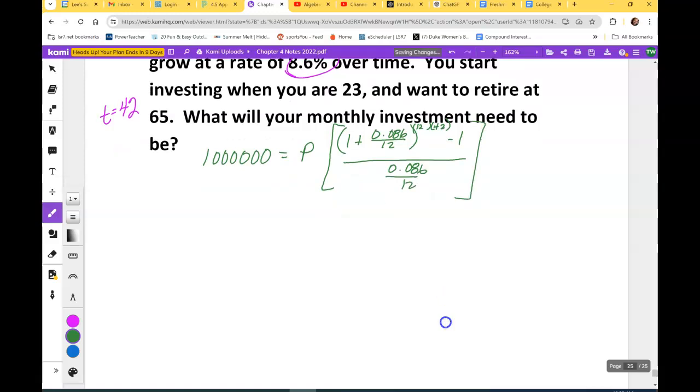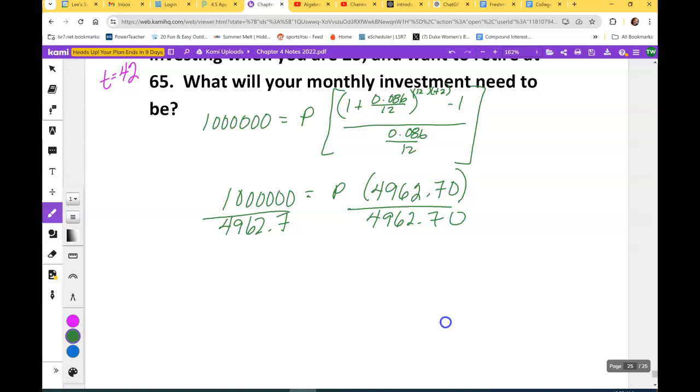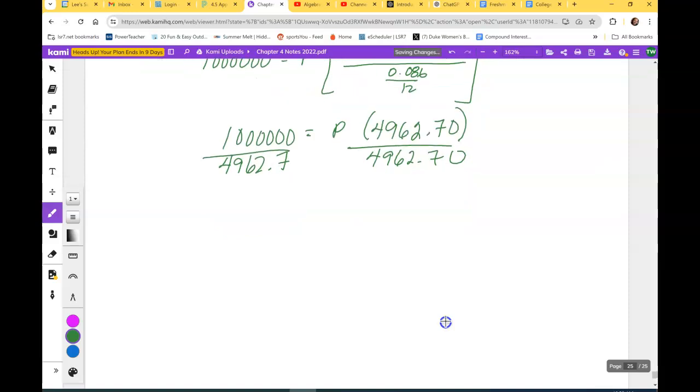And if I calculate that all out, I have 1 million equals P times 4962.7. So I'm going to divide both sides by that 4962.7. And my payment would be $201.50. And that's really not that much.